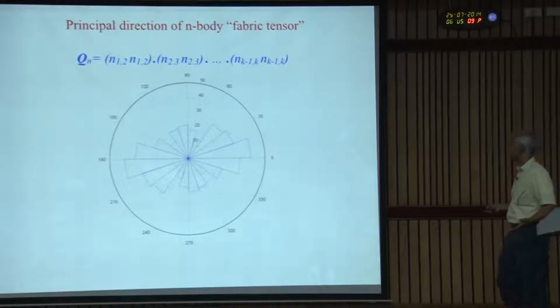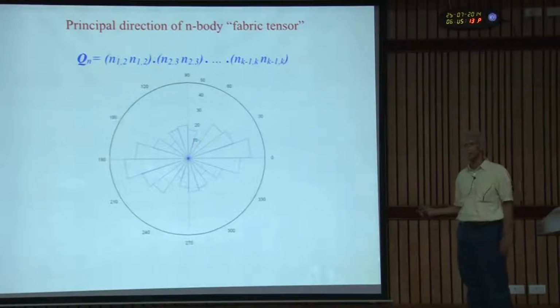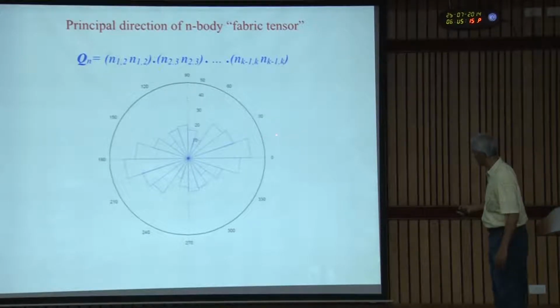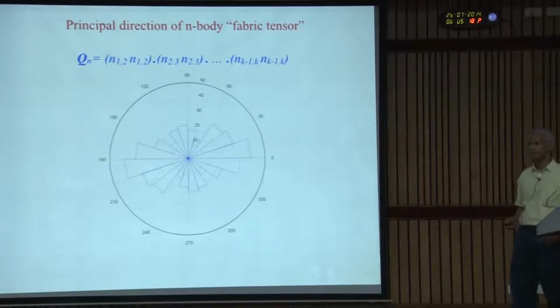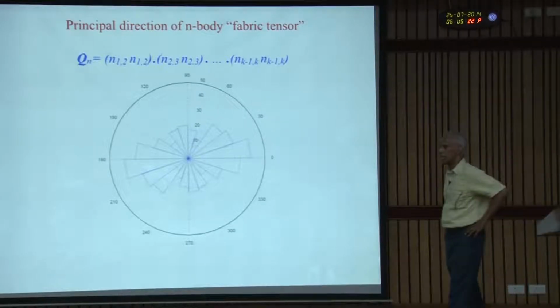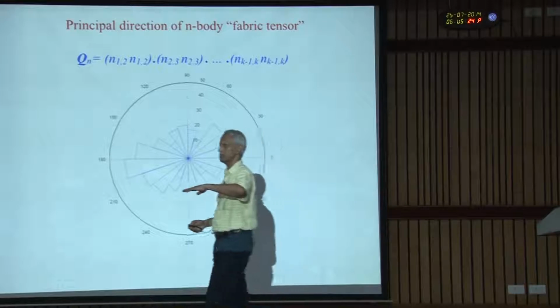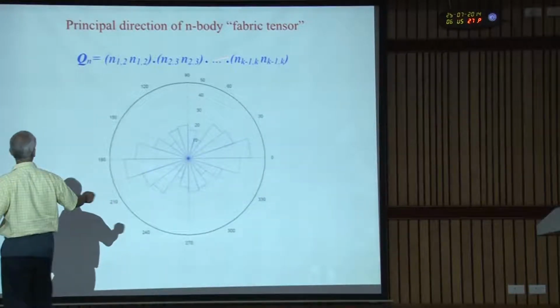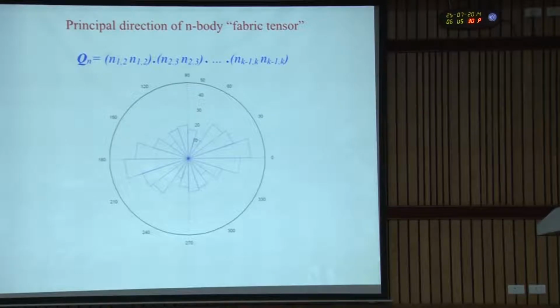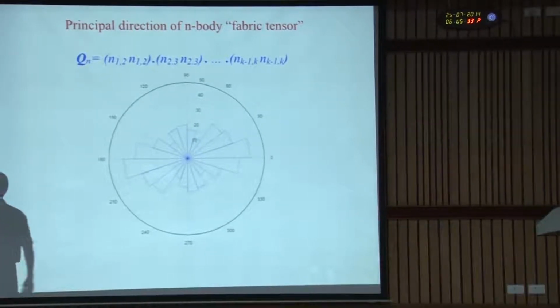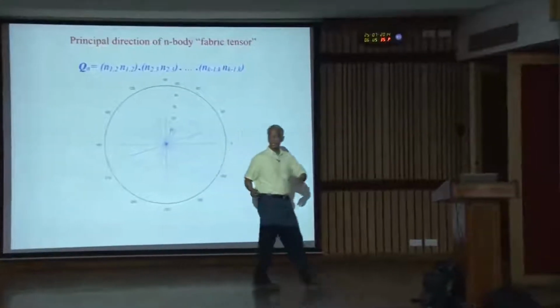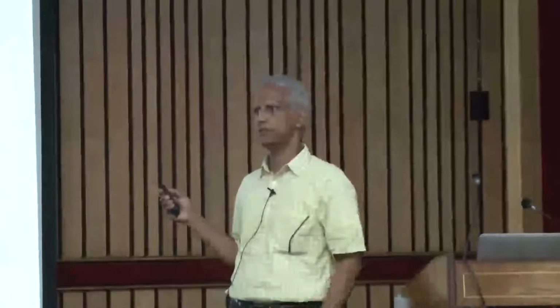Whether it is statistically significant, I don't know, but they do seem to be pointing slightly up. This angle is the angle of the principal eigenvector of this order parameter with the horizontal. It essentially gives you an idea of whether there is a dominant direction in which the forces are transmitted along the chain, and what the inclination to the horizontal would be.